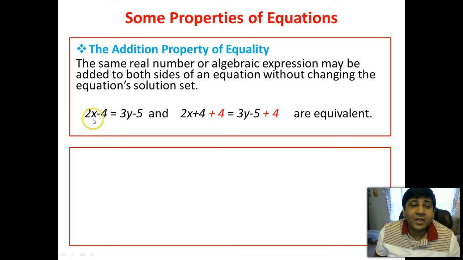For example, if the equation given to us is 2x minus 4 equals 3 minus 3y minus 5, and suppose I add 4 to both sides, I can do that. This is called the addition property of equality. And this property holds true for subtraction as well. We can also subtract 4, we can subtract 100, anything we can do.